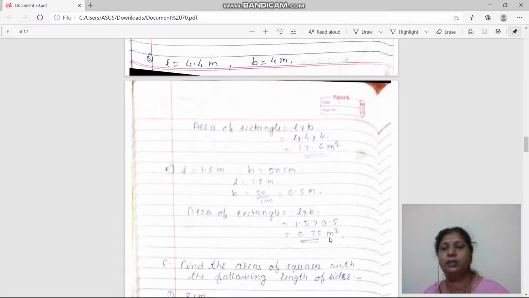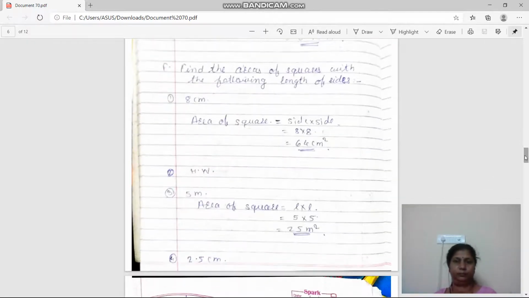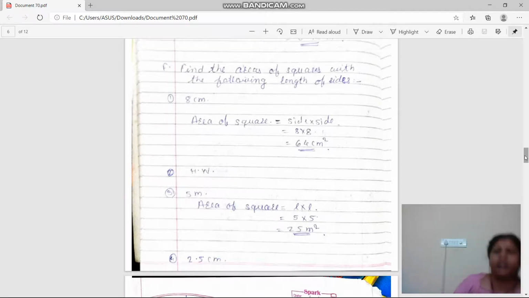Now we will see the F example. Find the area of square with the following side length. So 8 centimeter. Area of square is equal to side into side. 8 into 8. 8 8s are 64.